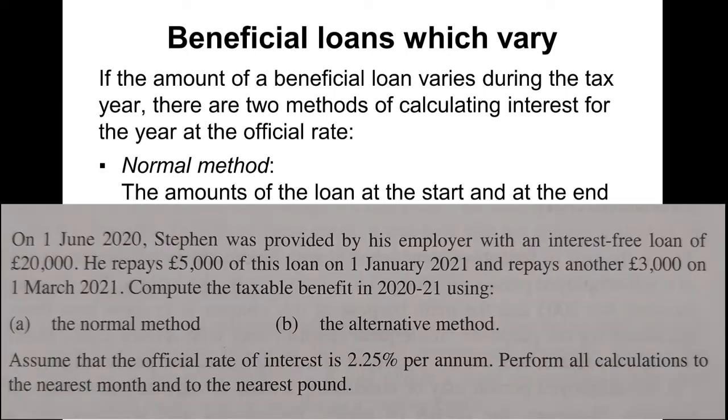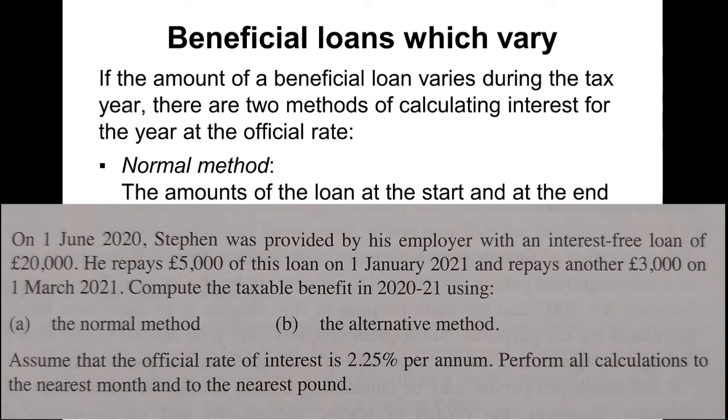On 1st June 2020, Stephen was provided by his employer with an interest-free loan of £20,000. He repays £5,000 of this loan on 1st January 2021. So the £20,000 was there for 7 months, June included.